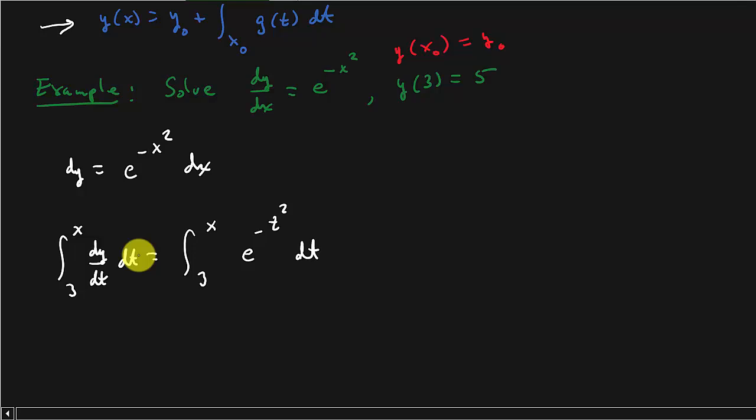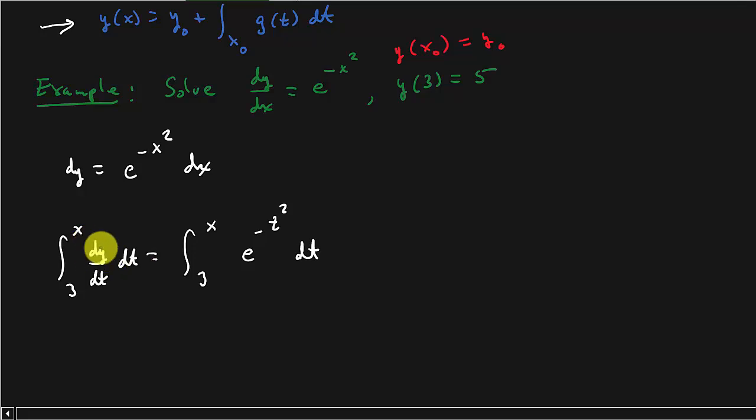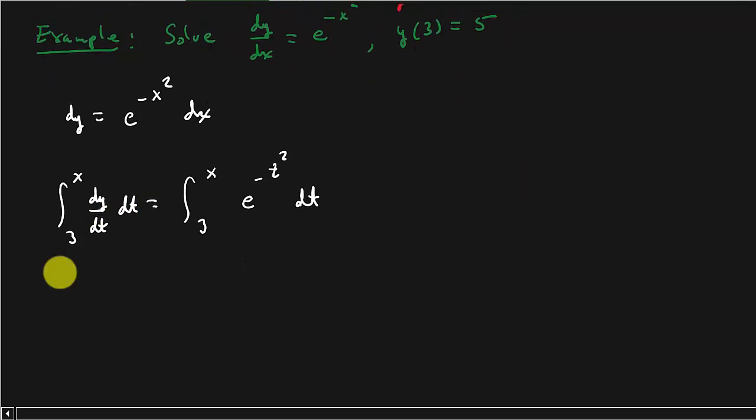Okay, we're changing the variable to t. So instead of writing dy, I'm going to do dy/dt dt. Okay, and so now that's going to give me y of t, right?